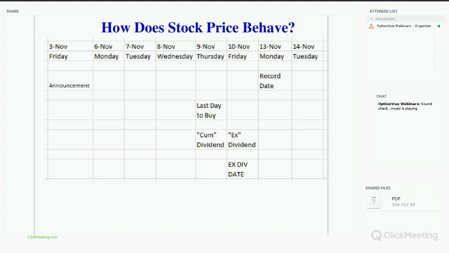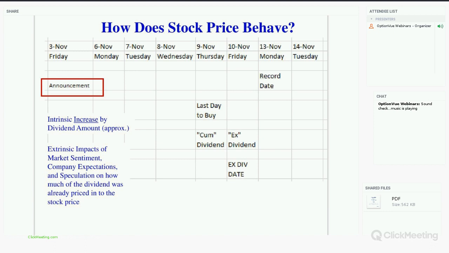They come out with a press release before the open, and what happens at that point? Let's go through that. On the announcement day, theoretically, there's going to be an intrinsic increase by that dividend amount.